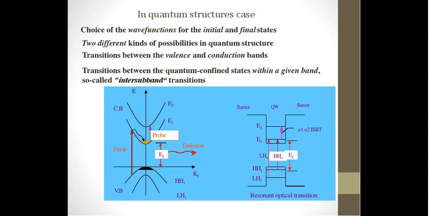So this gives the quantum structure case: the choice of wave function for initial and final states. Two different kinds of possibilities are possible in the quantum structure.